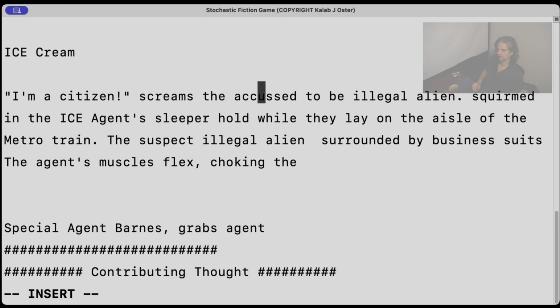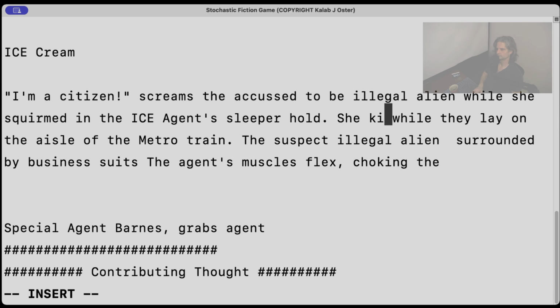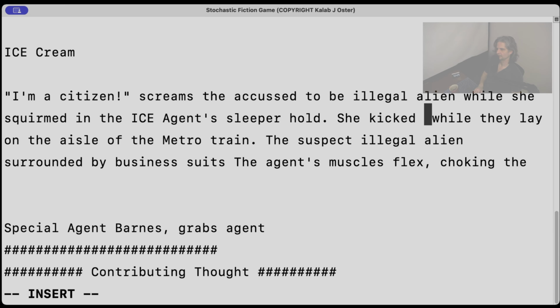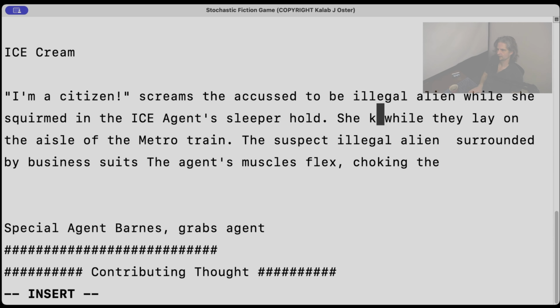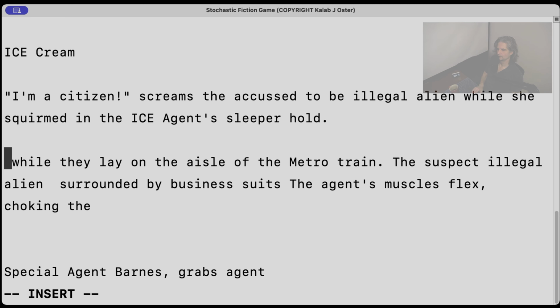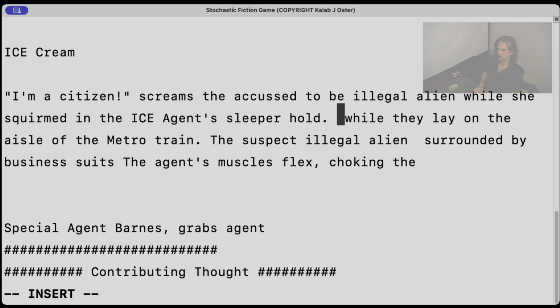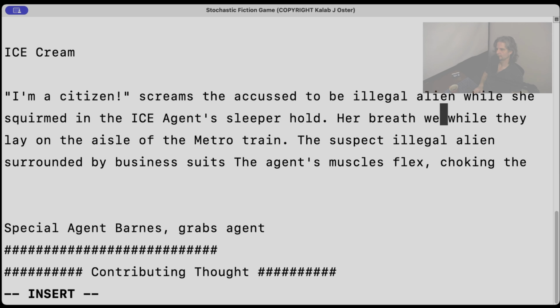Screams the accused illegal alien while she squirmed in the ICE agent's sleeper hold. She kicked. She gasped. Her breath, her voice sweet, her breath.